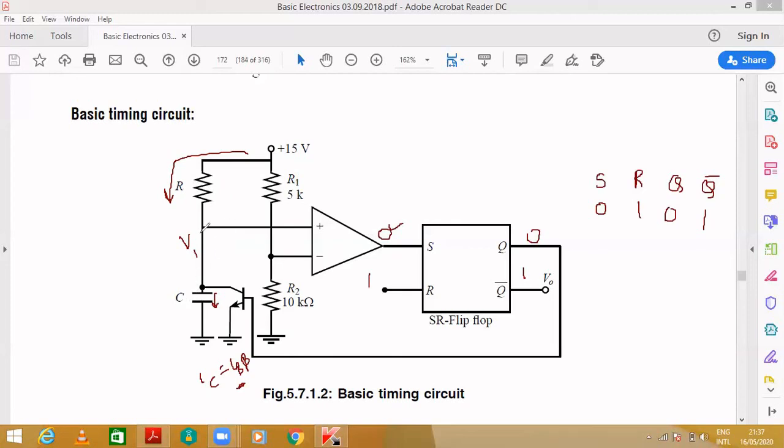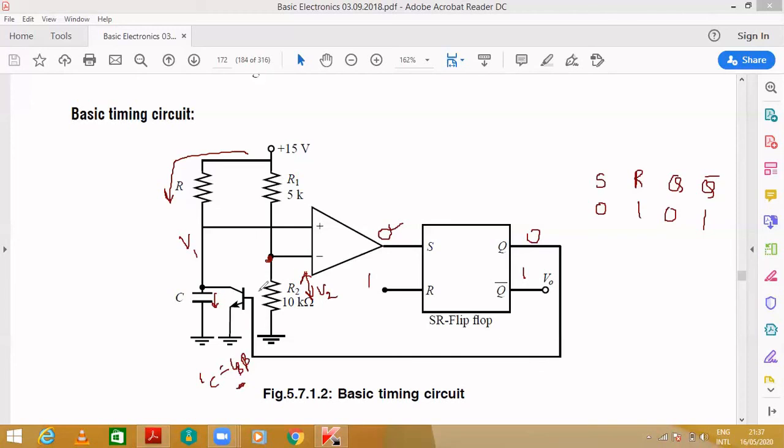Here you can observe that this point acts as a voltage divider. If I want to calculate the voltage across this point, let me take it as V2. V2 is nothing but I into R2.